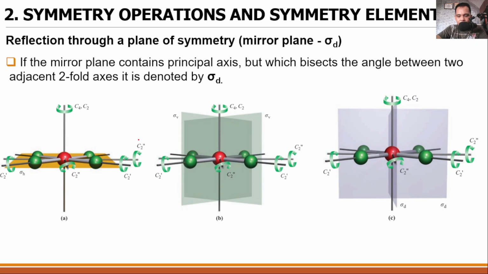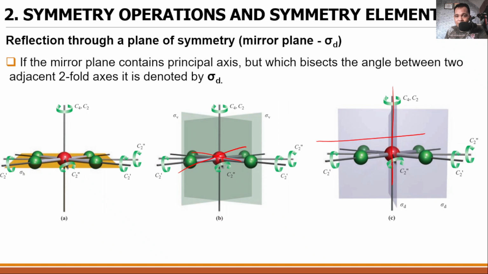So, when we have sigma D, for example, you have this plane, where would it bisect? I'm just going to use this PowerPoint. So, we have this sigma V, here between the three. And then, our sigma D is when there is a bisection between the sigma V angles. Okay? In illustration, it looks like this.